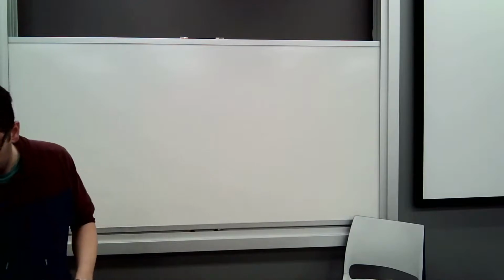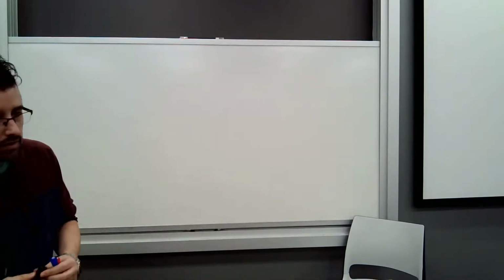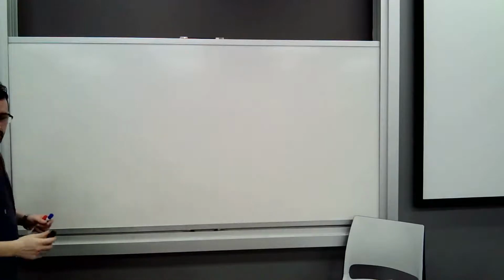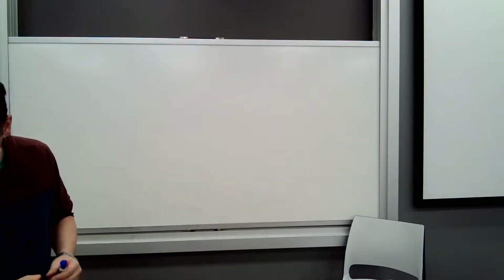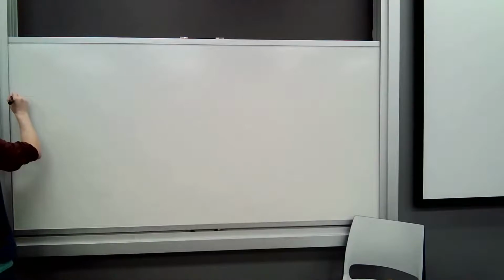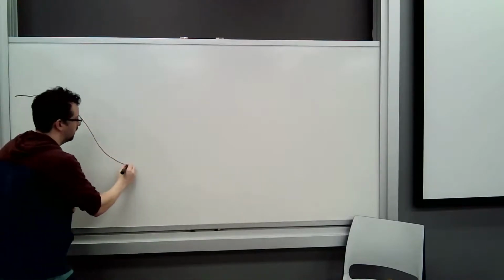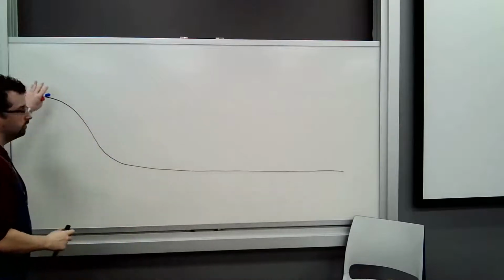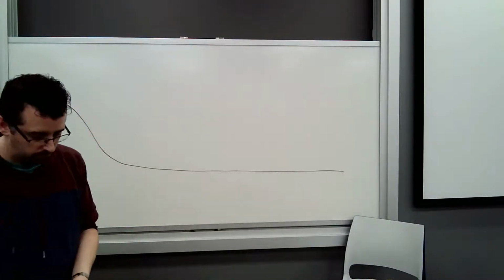Let me get a fresh marker here. All right. So you have, oh, that's terrible. Doubt you guys can see that at all. Oh, perfect. All right, so we have what is an area leading to the ocean, right?